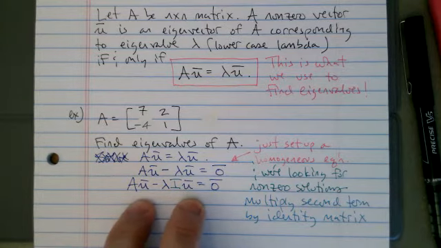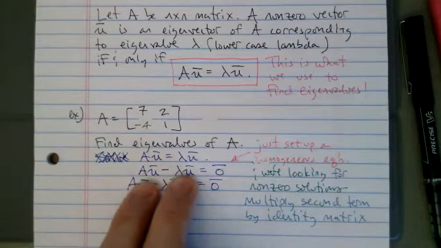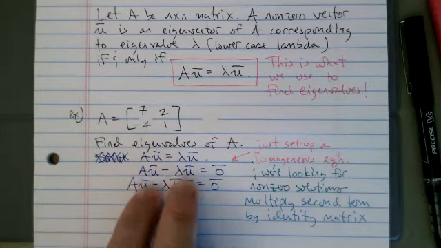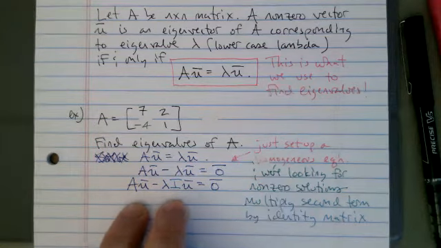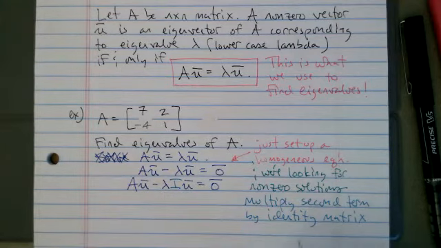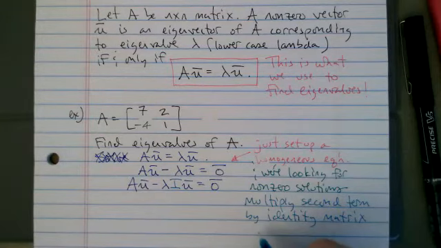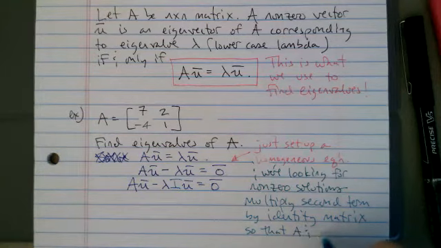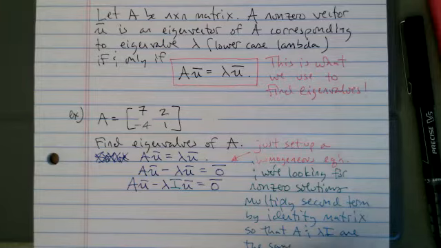Right now, in this equation, Au is a vector and lambda u is a vector, so I can subtract those things. But I want to factor out the u and have a coefficient matrix. That's going to be the not invertible matrix. So we multiply the second term by the identity matrix so A and lambda I are the same size, and we can factor out the u.